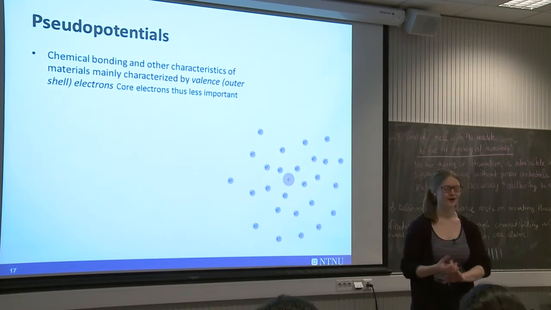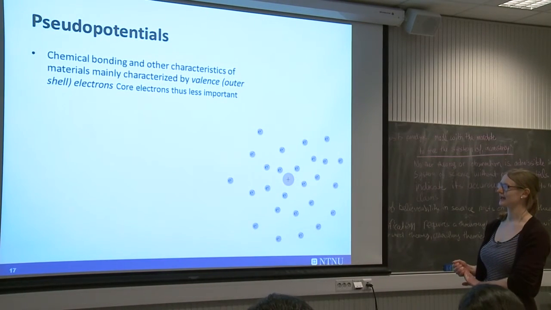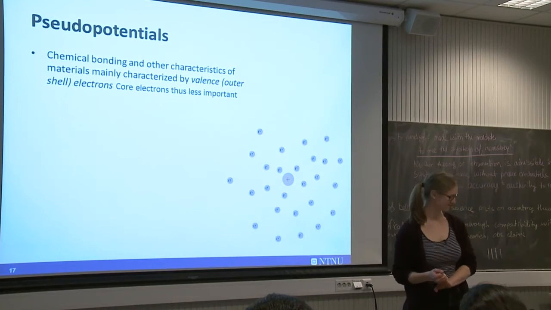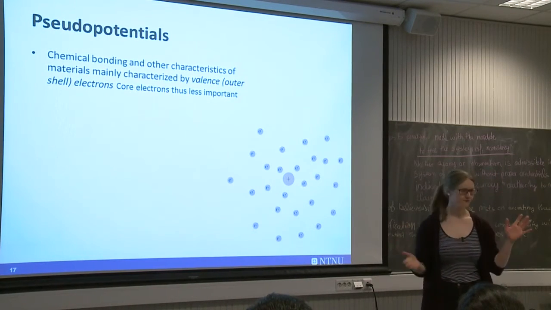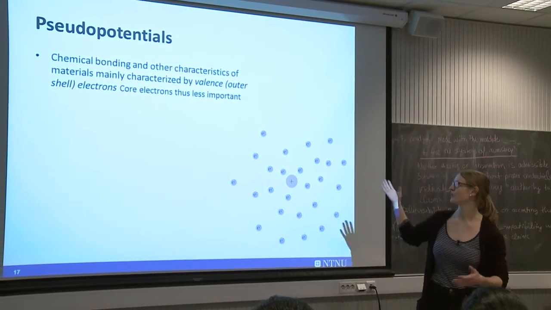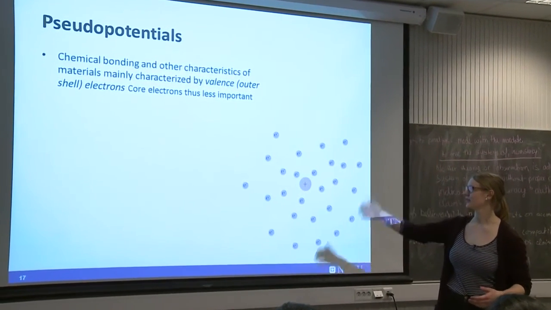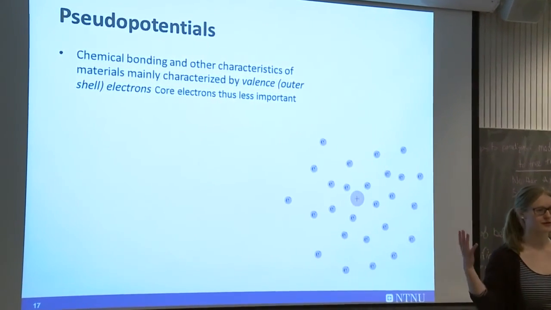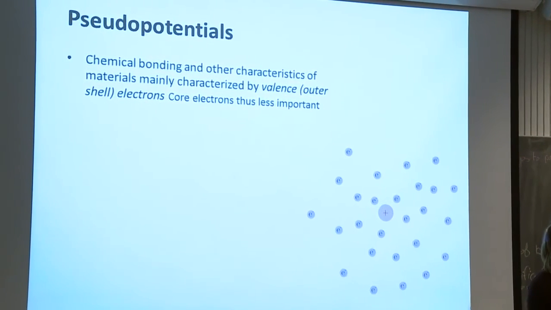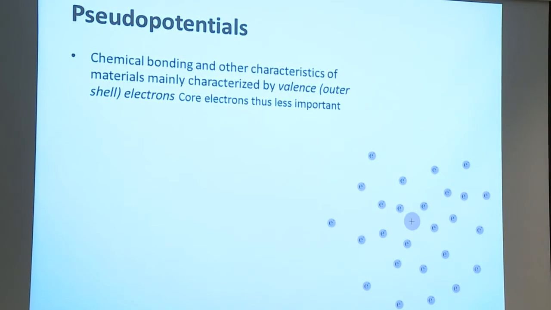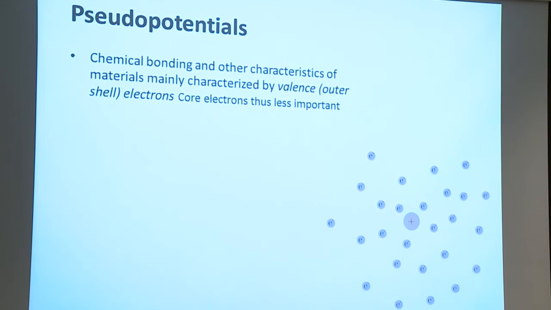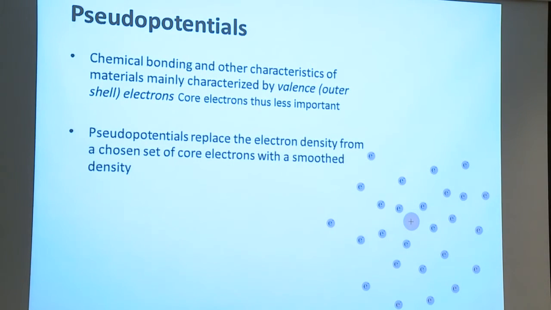The third important concept is the pseudo-potentials. Physical quantities like chemical bonding and other characteristics of the material which we care about are mainly characterized by the outer electrons, the valence electrons. So let's make life a bit easier for ourselves.